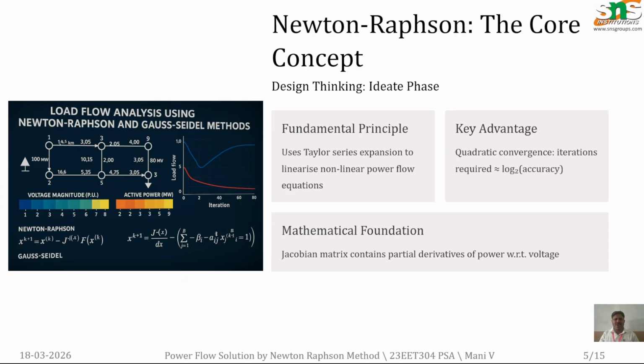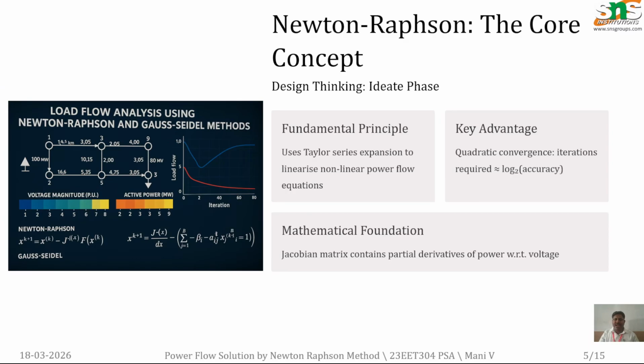Actually, Newton-Raphson normally follows a Taylor series expansion, which is used to solve the nonlinear power flow equations. The main advantage is that we get an accurate result; the accuracy is very high.